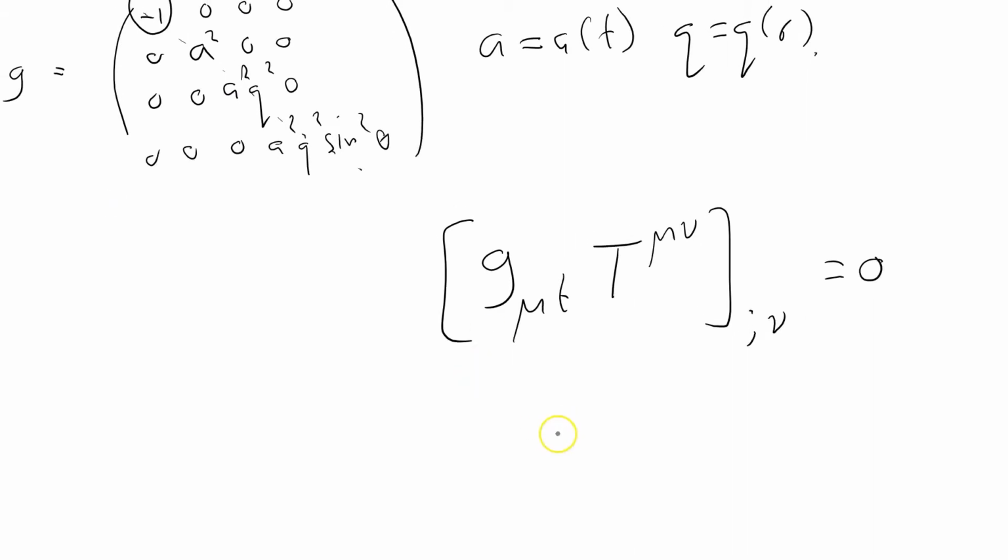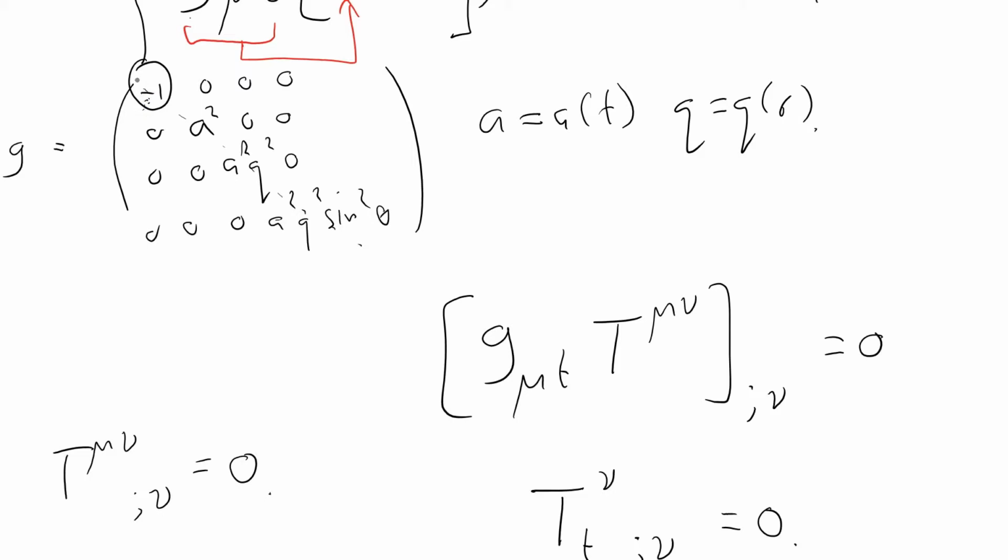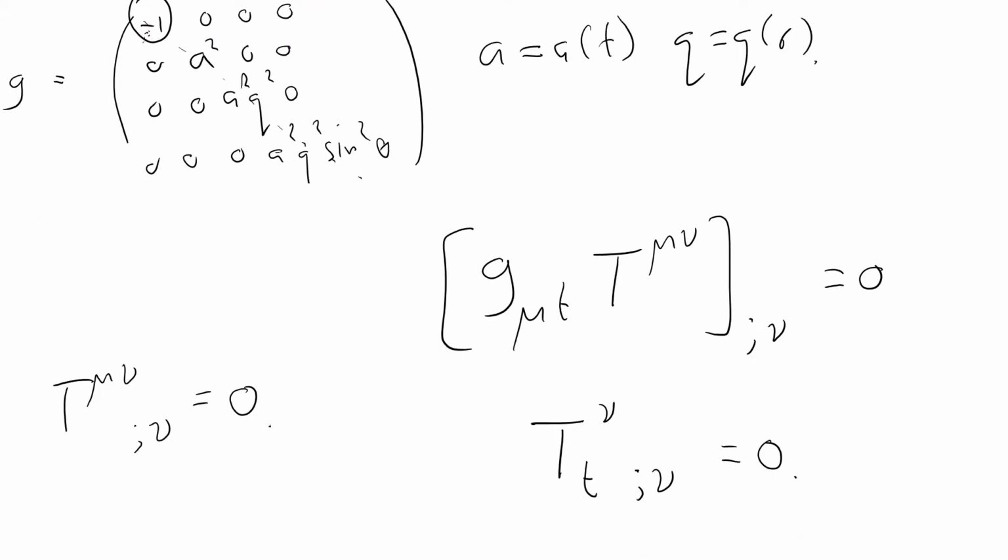So what that means is that T 0 nu semicolon nu equals 0. Now, it doesn't look like we've come very far, but we have. We started with this semicolon nu equals 0, and I'm using the fact that one element of my metric tensor is constant, and so I can actually lower one of my indices, and so long as I'm only interested in the time component, because this was constant, we've got this nice equation here.